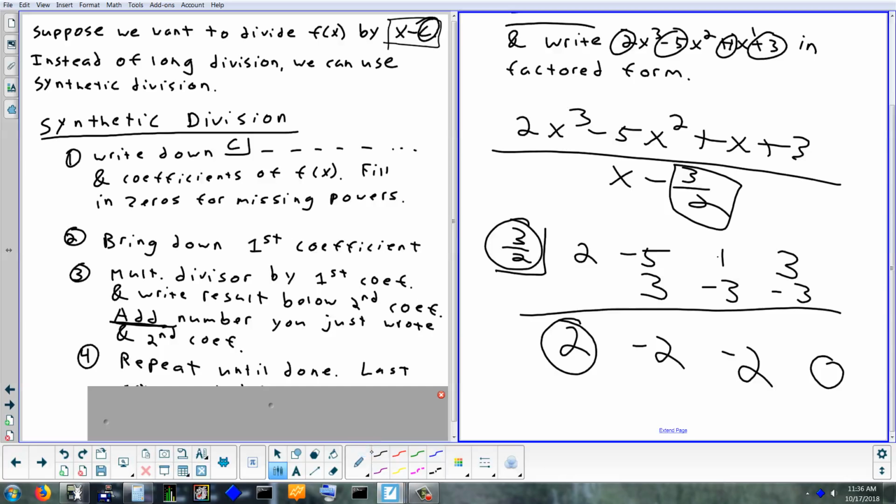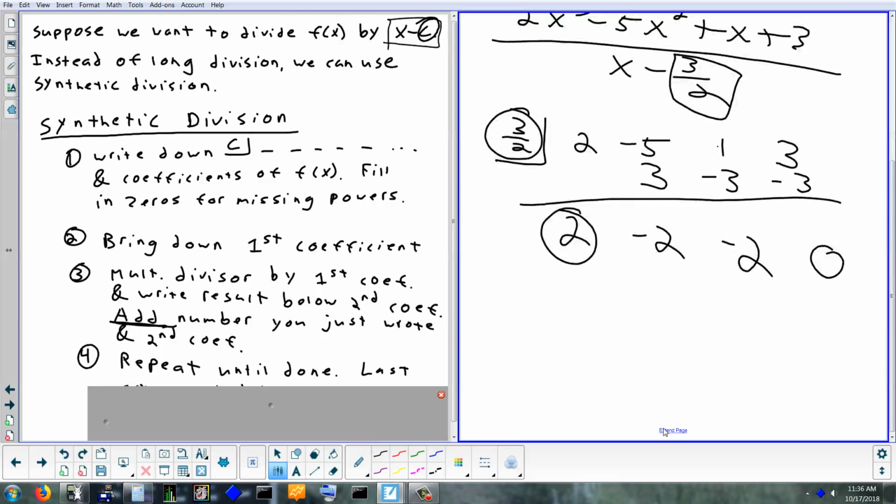Now, there's other stuff there too. That -2, -2, that's my quotient. So this part is your quotient. This part is your remainder. So if you're like, well, how is that your quotient? The -2 is a constant. The other -2 is my linear term.